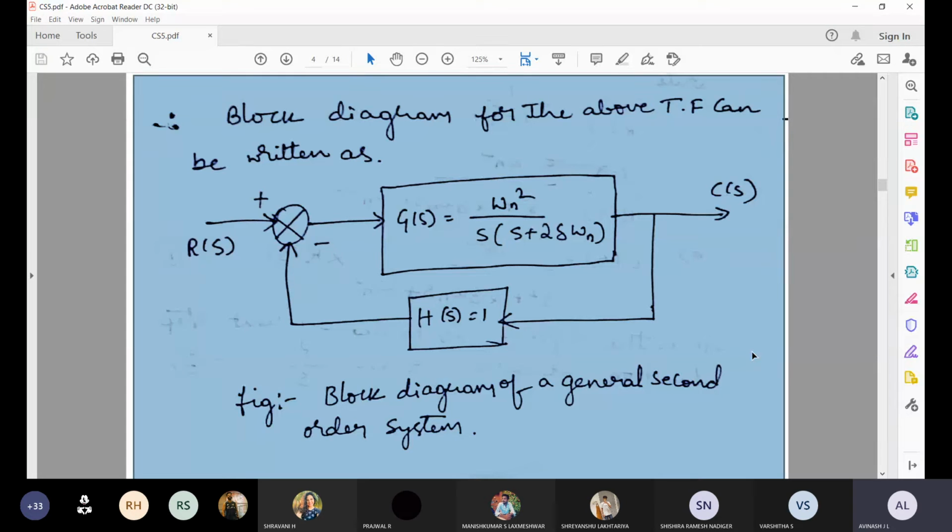There is a summing point, G of s value, H of s value you have taken, C of s is the output and R of s is the input. So H of s is a unity feedback. Why? Because in the formation of the equation we have seen that H of s will be equal to 1.